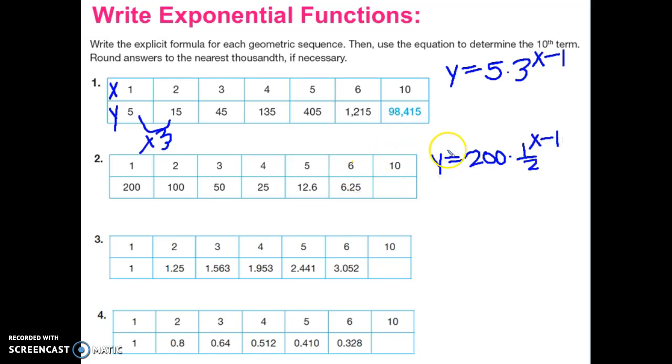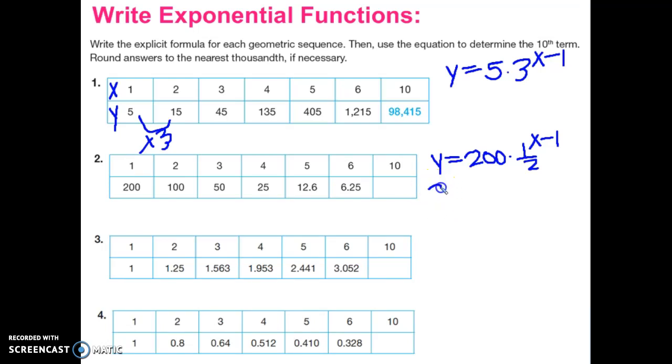Now to find the 10th term, I plug in 10 for x, so I get 10 minus 1, that's 9, a half to the 9th power times 200. When you plug that into your calculator, again, you shouldn't do that in your head, you actually get scientific notation, and it says round to the nearest thousandth.